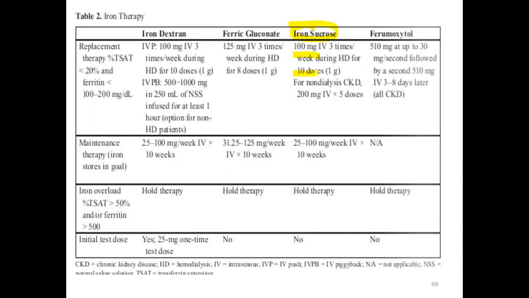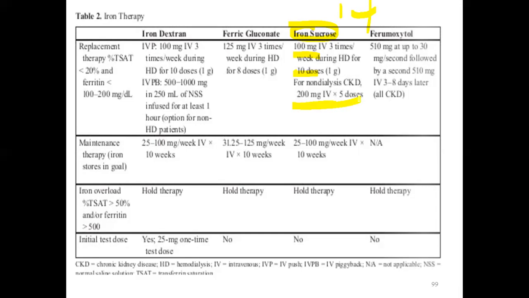But for a non-dialysis CKD patient, if you are giving IV, you give them 200 milligram IV in 5 doses over an interval of 14 days, but still the maximum dose is 1 gram. If no improvement, you can repeat the dose.